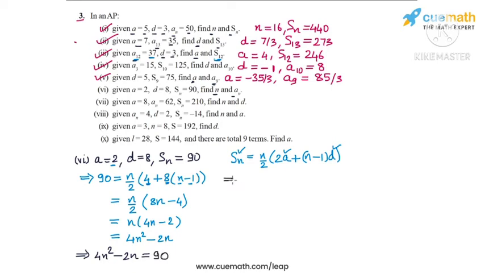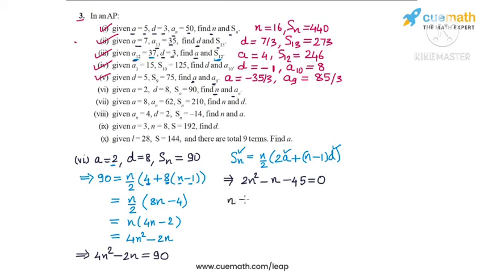So let's divide by 2 on both sides. We will get 2n square minus n is equal to 45, or I can write this as 2n square minus n minus 45 is equal to 0. So this is a quadratic equation in n, and now we can solve it using the quadratic formula and find the valid values of n.